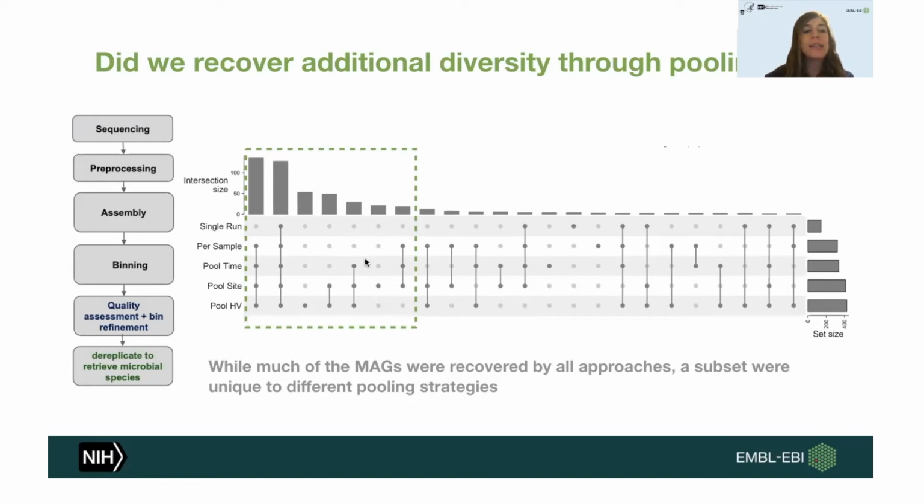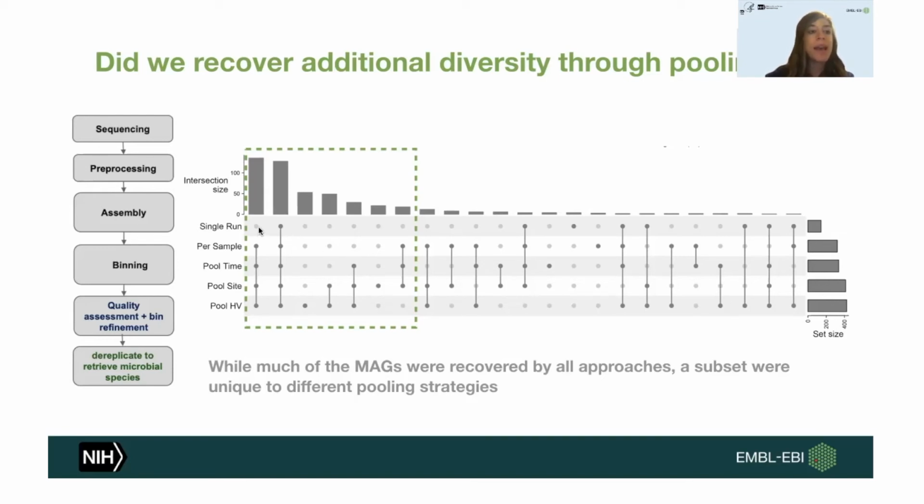Then I tried to see how many of these pooling strategies were able to recover each of these species. This is an UpSet plot where I'm boxing the top 7 strategies where we recovered the most number of distinct species.